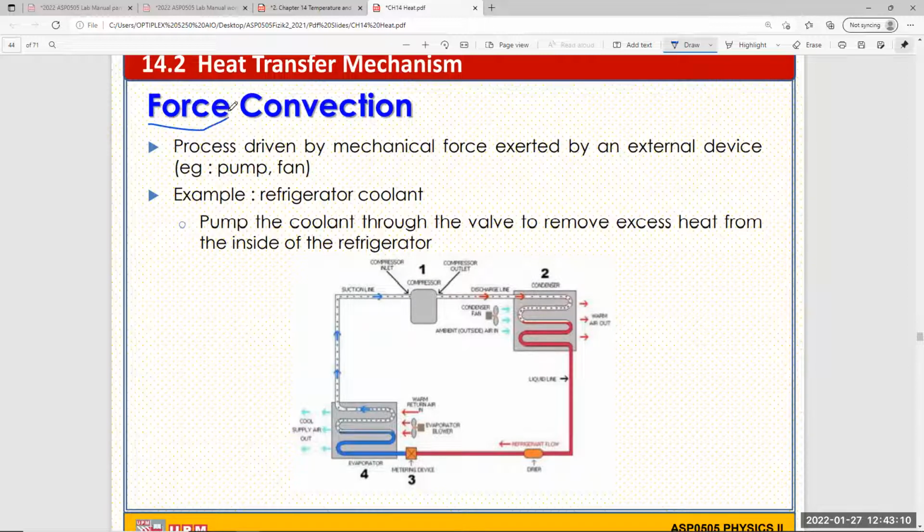So that's what we call forced convection. We require some energy, usually a pump or mechanical force, such as a refrigerator, how we cool in the freezer. I don't want to discuss this one. It's using a pump. By the way, there is further explanation, but at least.